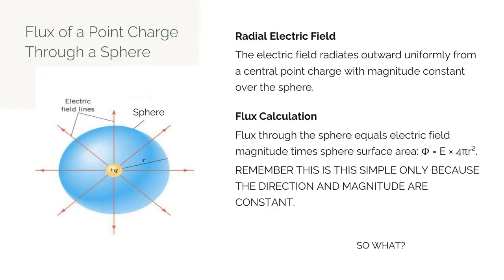The flux through the sphere is definitely just the E value times the surface area of the sphere, 4 pi r squared. Now remember, be clear, I didn't say that the E field is constant everywhere in this volume. We're not talking about the space inside the blue sphere. We're talking about on the sphere itself. This surface area has a constant E field.